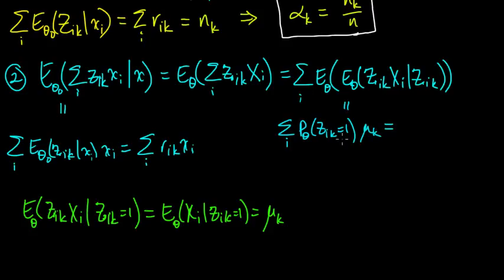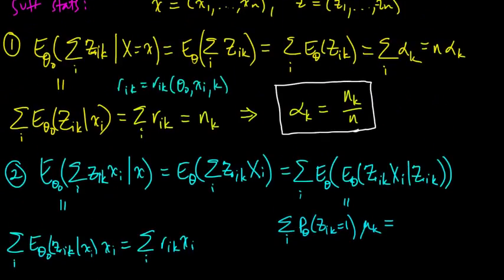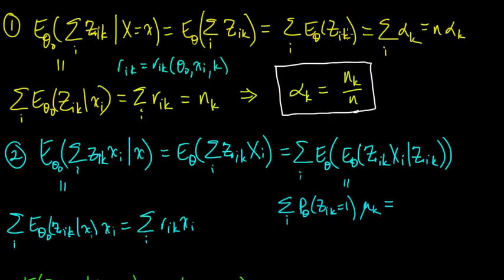And the probability that zik equals 1 we figured out before. That was the same thing as the expected value of zik, since it's a Bernoulli random variable. And so that's just alpha k. So this is just sum over i alpha k mu k.